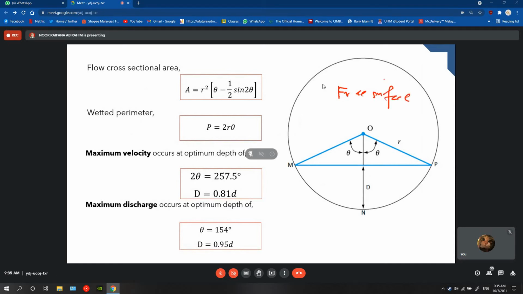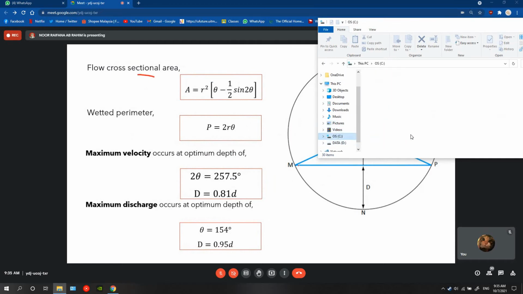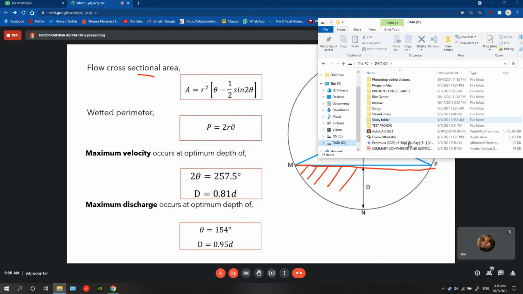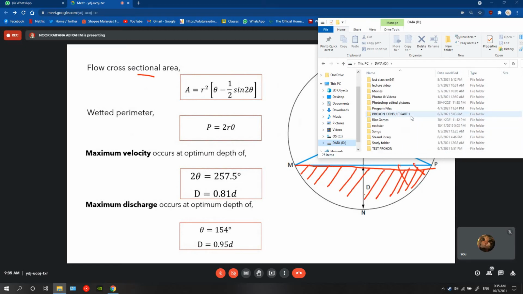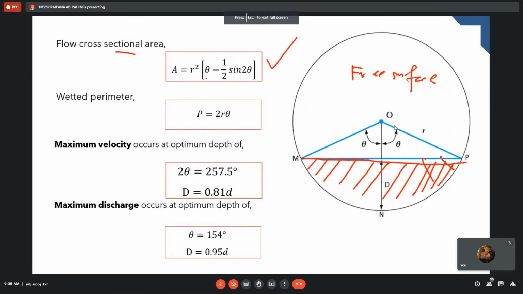Okay, to calculate the flow cross-sectional area ni kat sini lah. So this one is your water level. Jadi the flow kat sini. It's quite mencabar lah kalau yang circular ni you nak calculate. So this one is flow cross-sectional area. So this one is the equation. So r square theta minus 1 over 2 sine 2 theta.